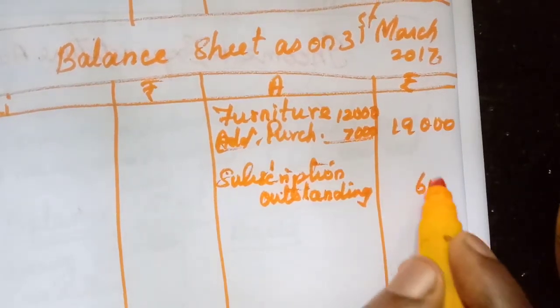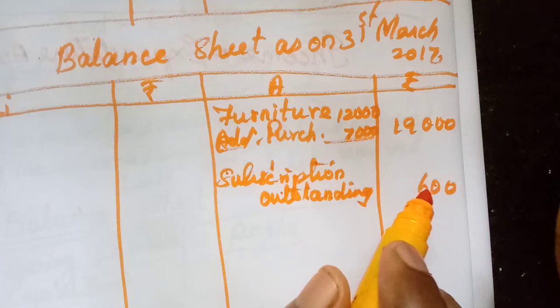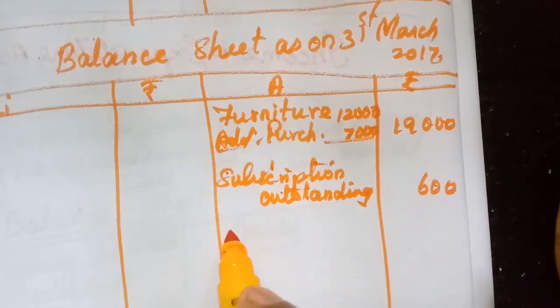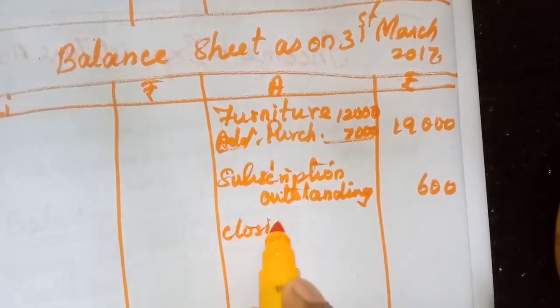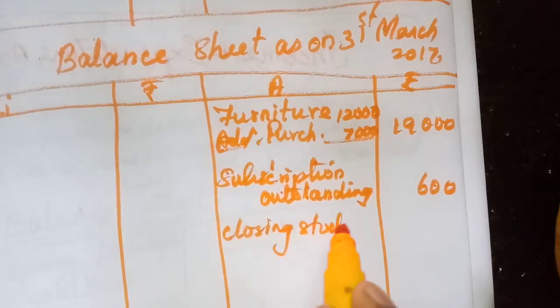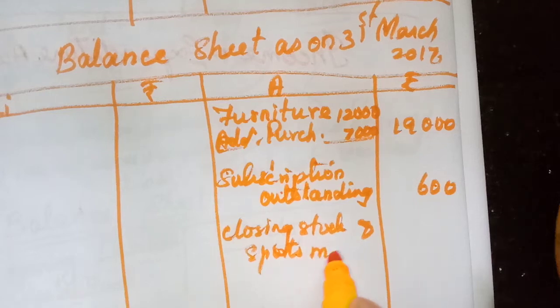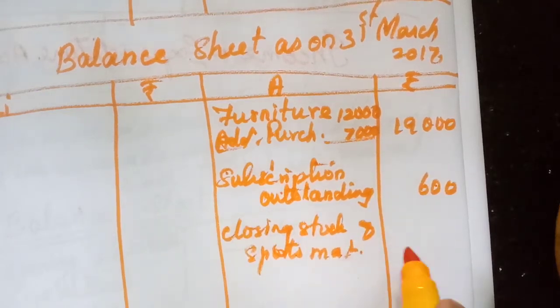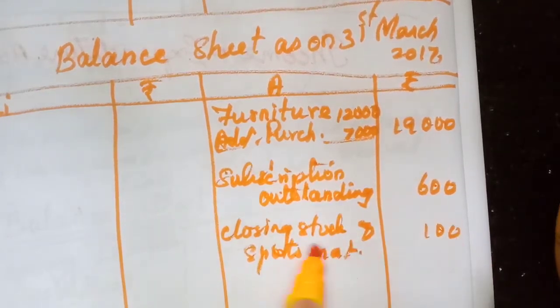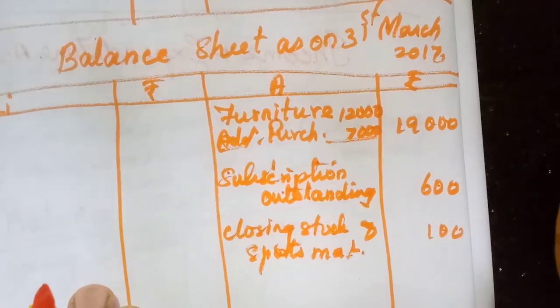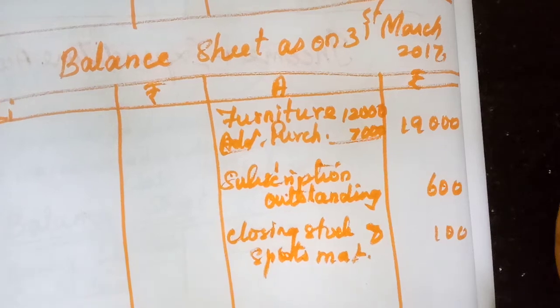Subscription outstanding 600. Then closing stock of sports materials, how much? 100, that you write 100. Then that capital fund in the liability side. Now we will write the closing cash in hand, cash at bank.